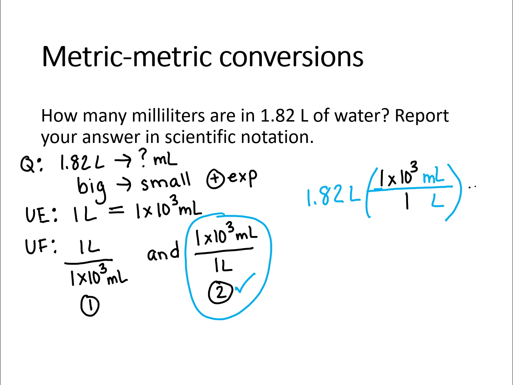And do some math. Now, if you write it like this, where you have the unit factor in scientific notation, you don't even have to touch your calculator. 1.82 times 1 times 10 to the third.